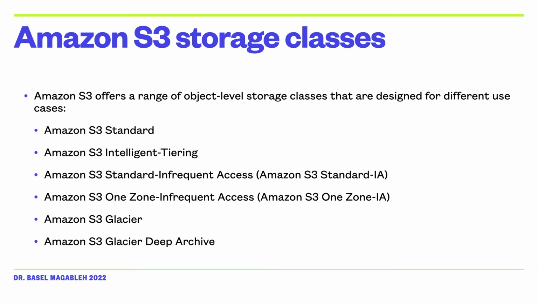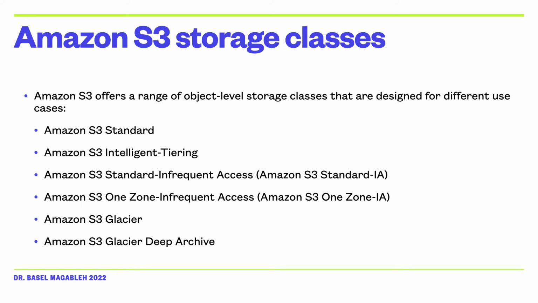The second class is called Amazon S3 Intelligent-Tiering. The Amazon S3 Intelligent-Tiering storage class is designed to optimize cost by automatically moving data to the most cost-effective access tier without performance impact or operational overhead.